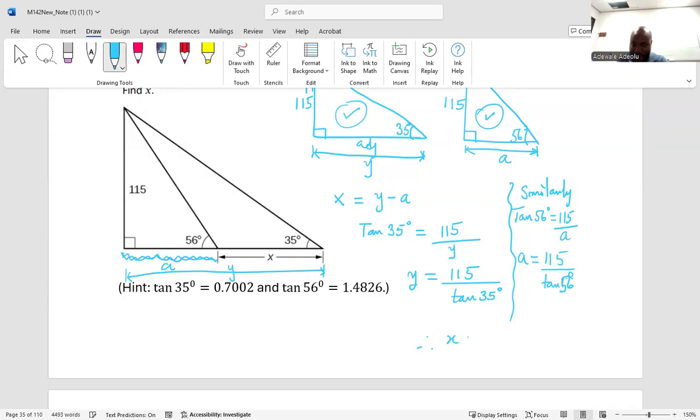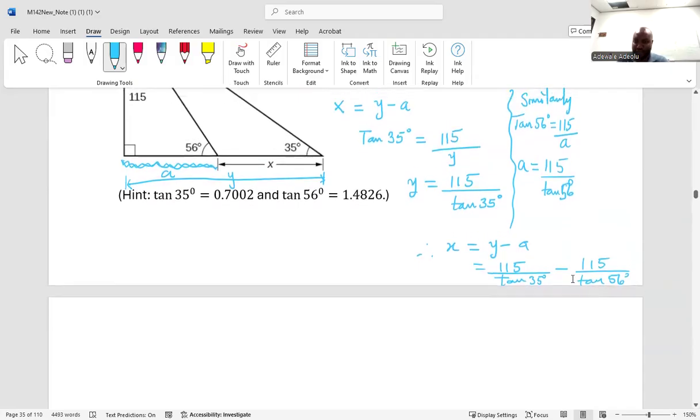Therefore, our x now equals y minus a. Our y is 115 divided by tangent of 35 degrees, minus a, which is 115 divided by tangent of 56 degrees.